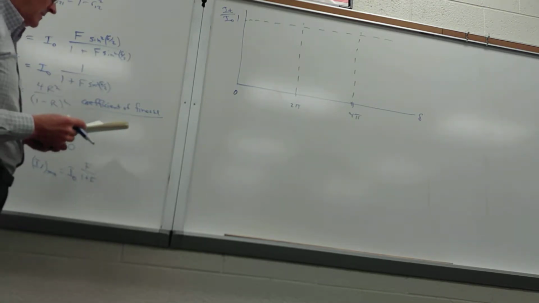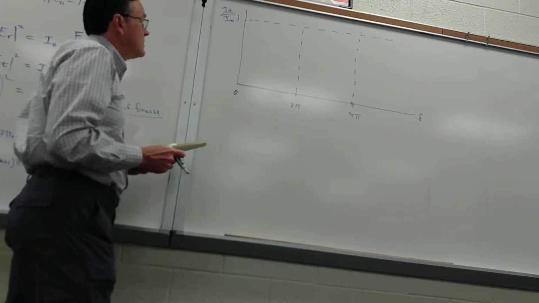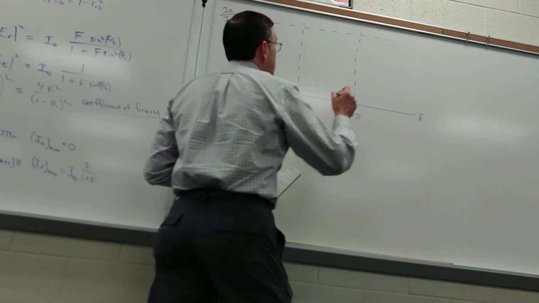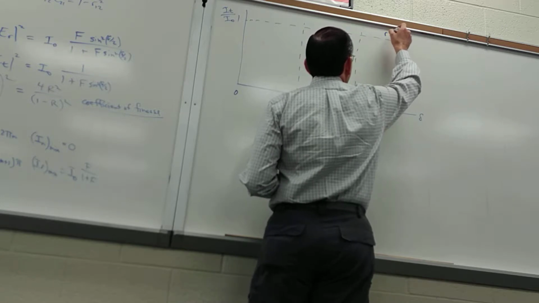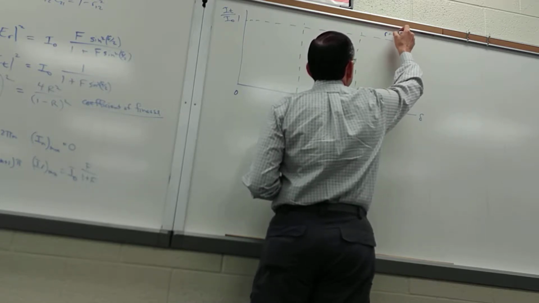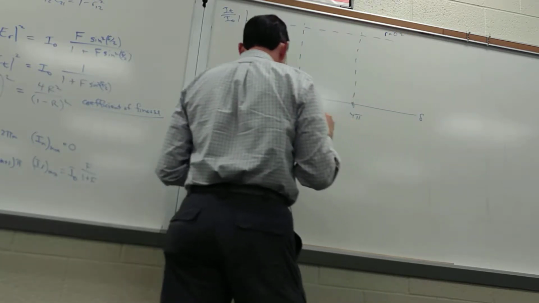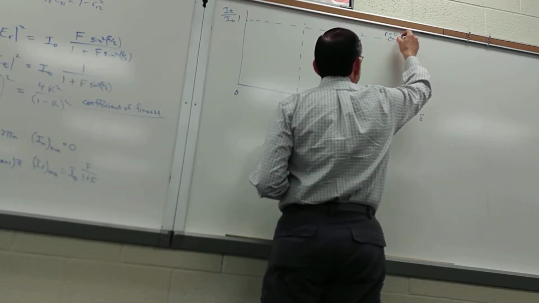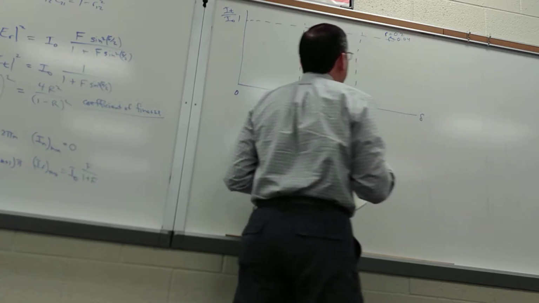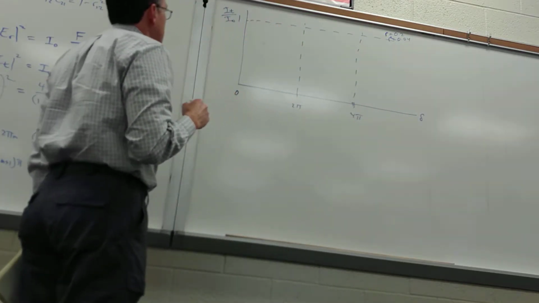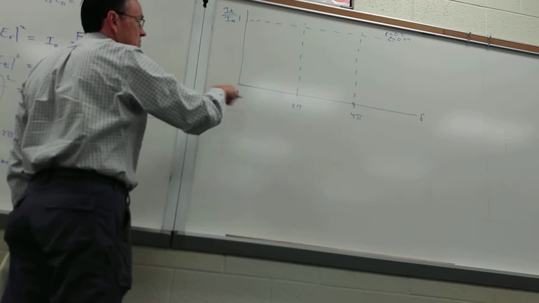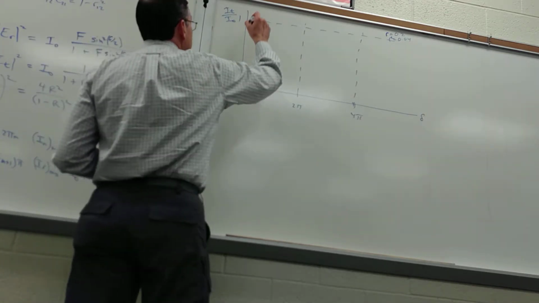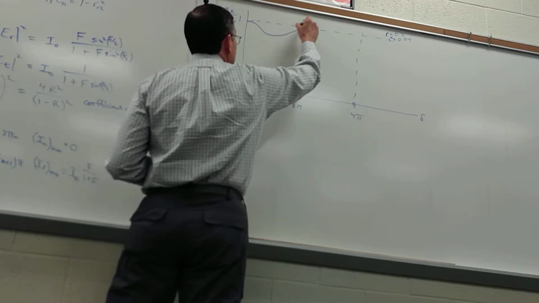Then if we start off with the case of, let's say, r is equal to 0.2, so that means that r squared is 0.04, and we draw what the transmitted irradiance looks like as a function of delta, then basically it goes like this.